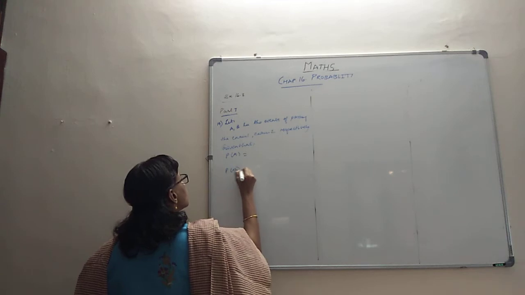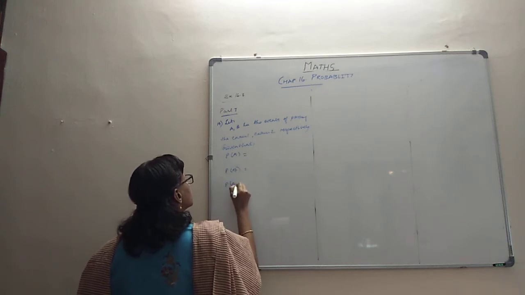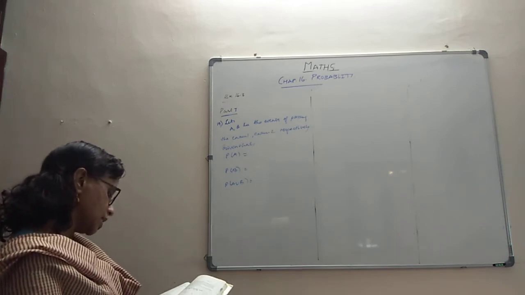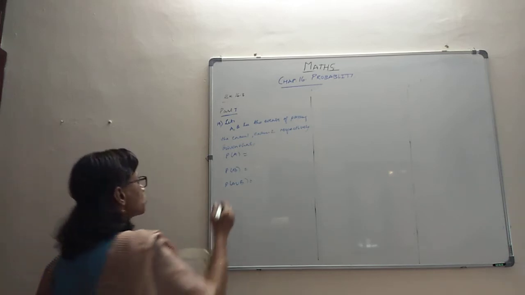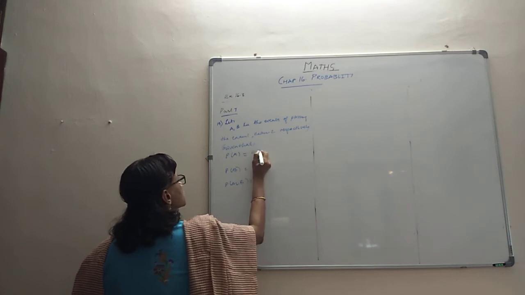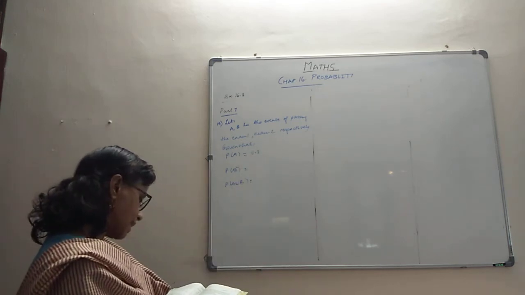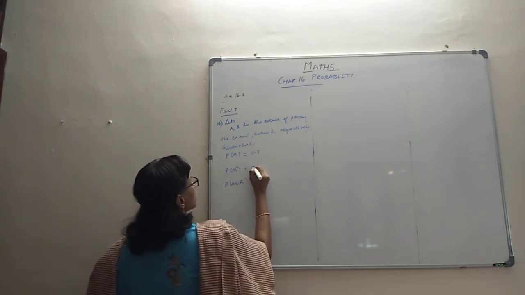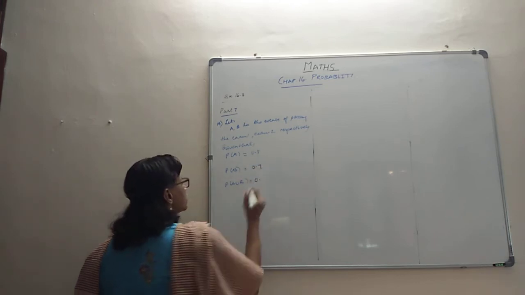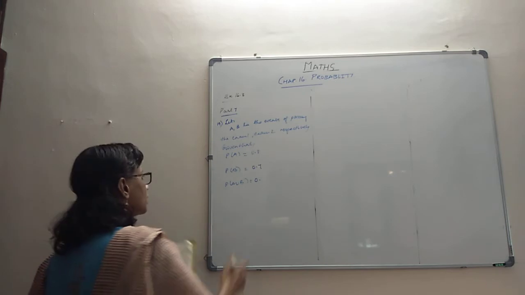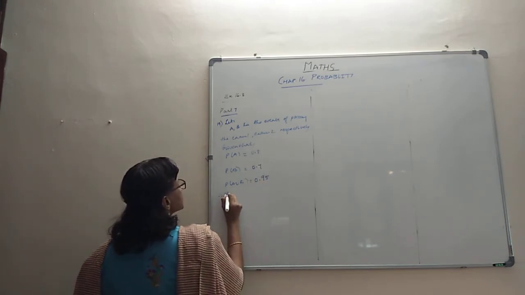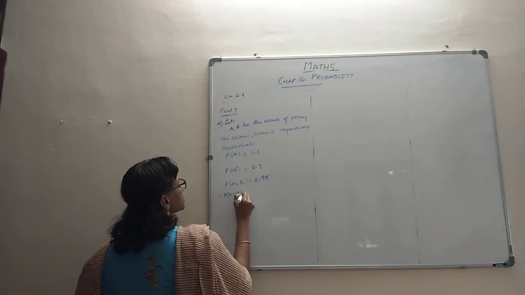Probability of B is 0.7, the student passes the second exam. And probability of A union B they've given us, 0.95.